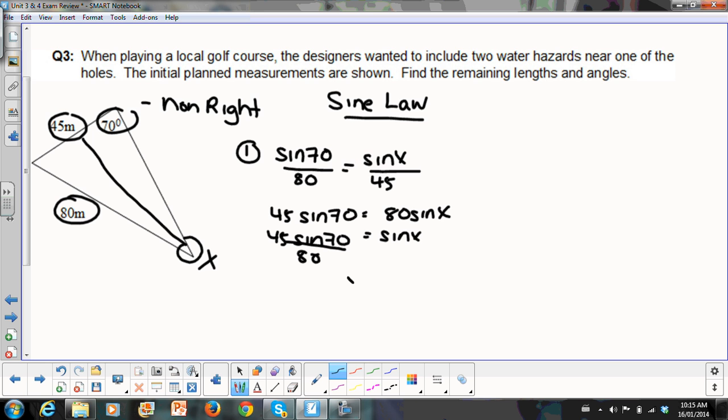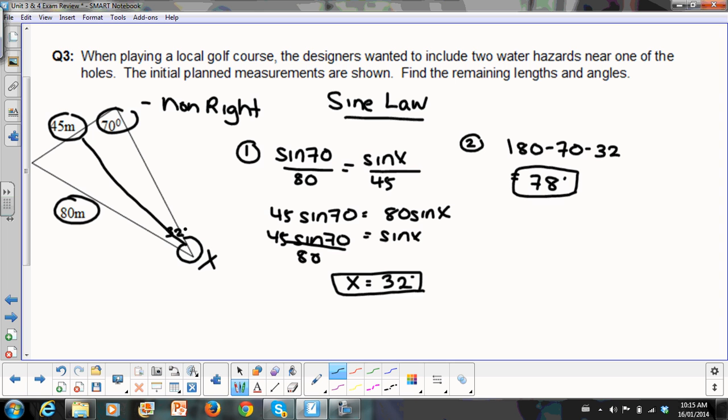And then we need to inverse the sine, and when we inverse the sine, we get 32 degrees, rounded, as our missing angle here. The second step that we can do is to find the third angle by doing 180 minus 70 minus 32, which gives us an angle of 78 degrees, which is over here.